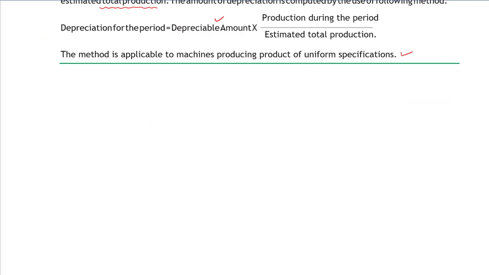Let us take an example to understand this in a better manner. Cost of machine is 1 lakh.